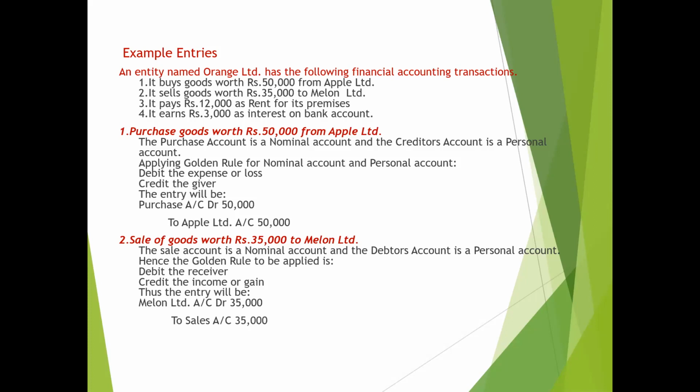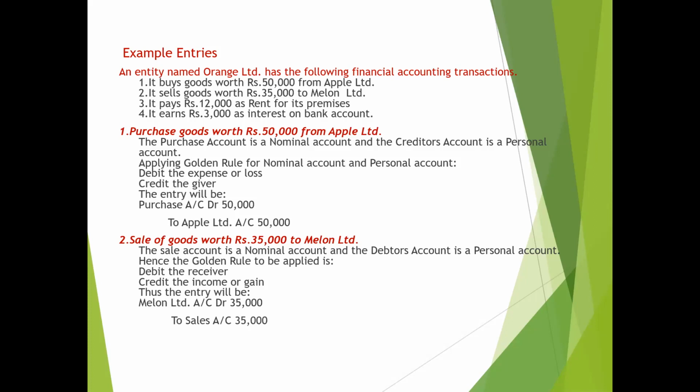Who gave the goods? Apple Limited. So automatically the entry will be to Apple Limited. The amount is 50,000. So the purchase entry is purchase account debtor to Apple Limited account. The purchase account is the nominal account and the Apple Limited account is the personal account.